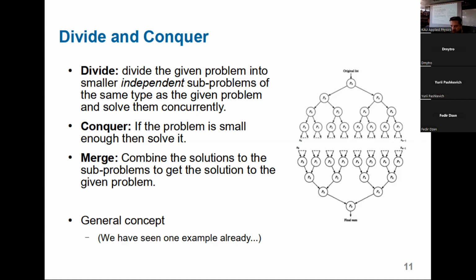Any MapReduce algorithm, basically, because the divide is implicit, divide is basically partition, and conquer is then basically map. Not necessarily. It can be something different. This conquer part doesn't need to be the same function applied to each of the elements. And merging then is this reduction.